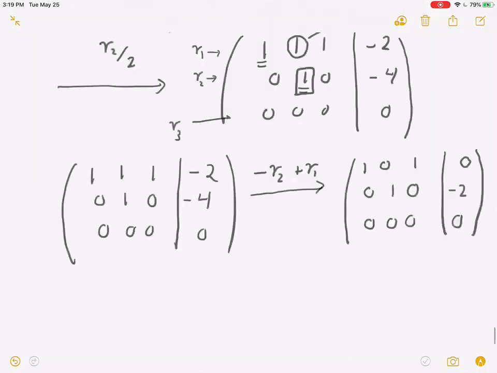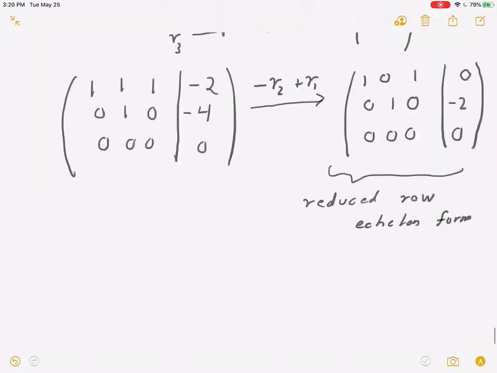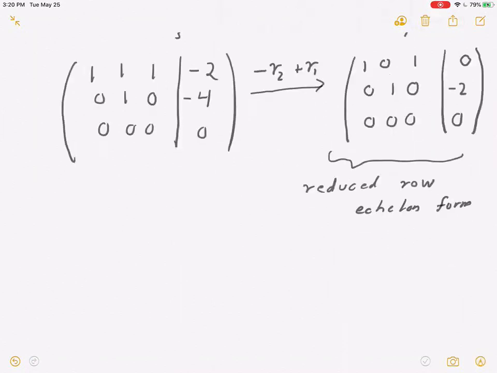And if you go back and look at the definition of reduced row echelon form, I claim that this augmented matrix is now in reduced row echelon form. I've done what I've decided to do. Okay, so the answer is in there. I just have to tickle it to get the answer out.